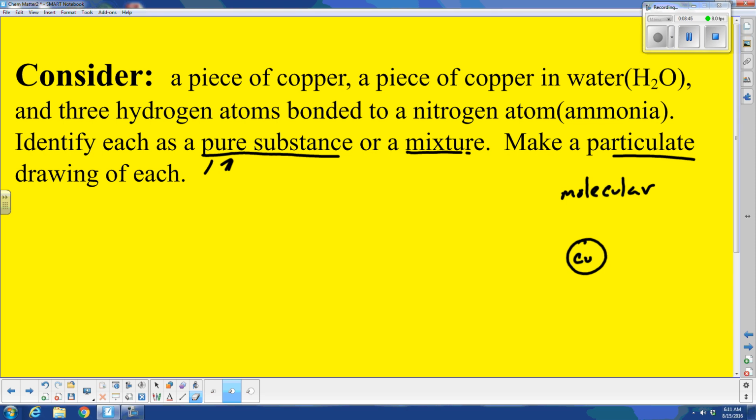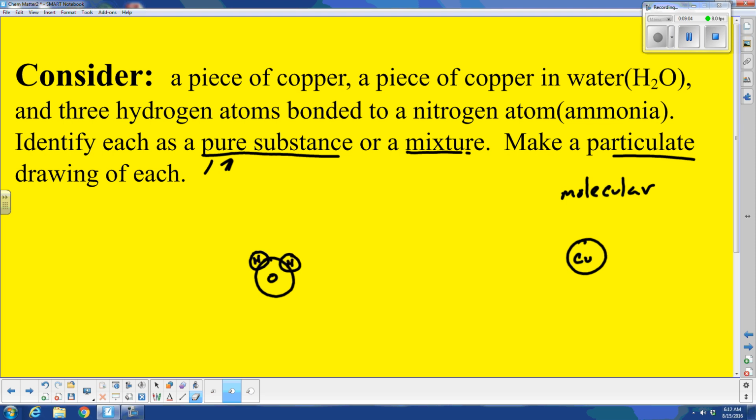Now, that's just an atom. If I'm going to draw a compound like water, I represent water with a circle, and then when I overlap them, the overlap represents the overlapping of their electron clouds. And so that would represent a molecular bond.